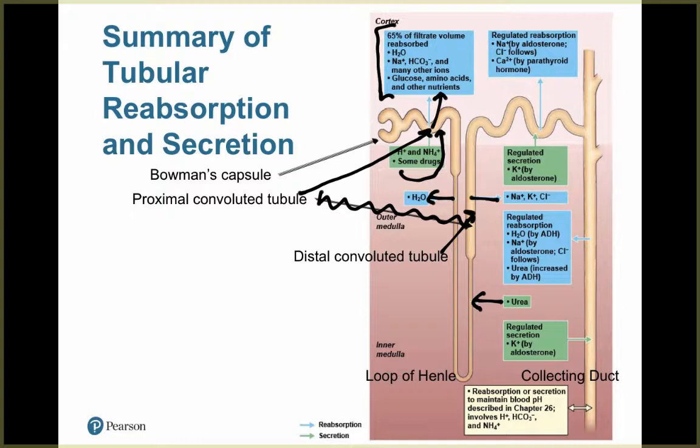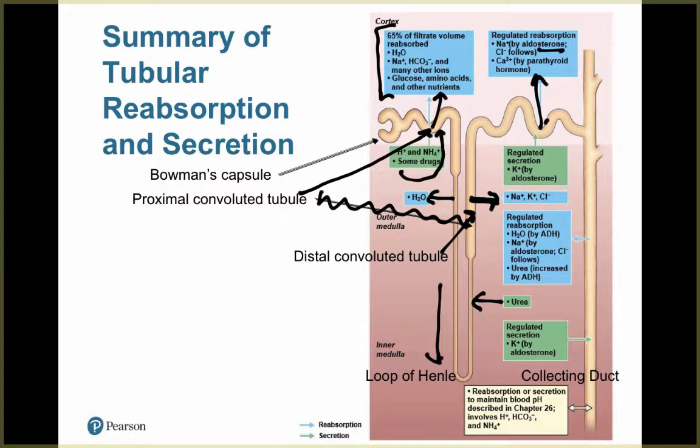And here, because we've concentrated so much and increased our osmolarity in the filtrate, we do that so that essentially sodium can leave out again and be reabsorbed back into the body. And the last reabsorption is here in this distal convoluted tubule area, right before it goes into the collecting duct.